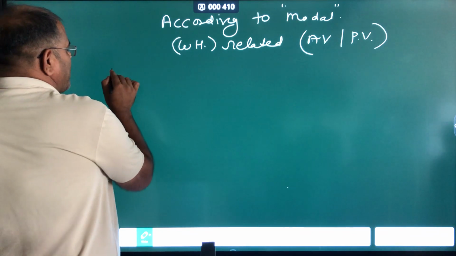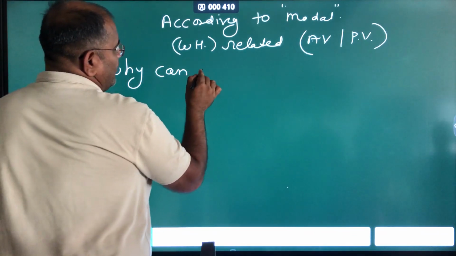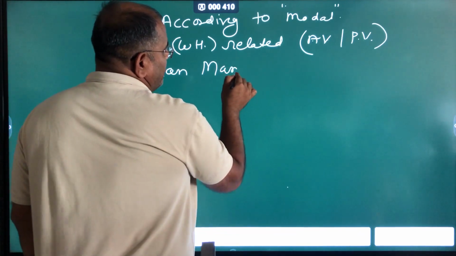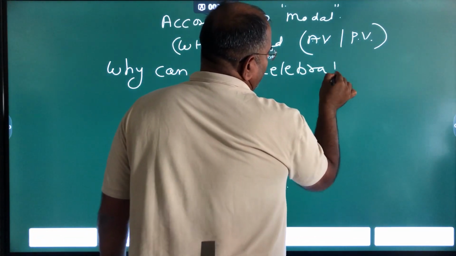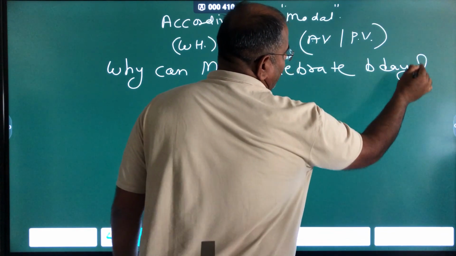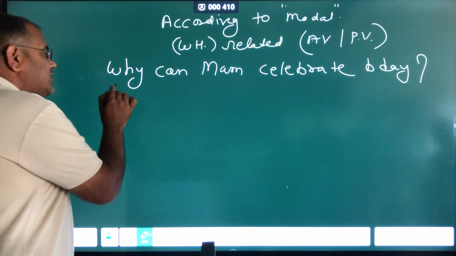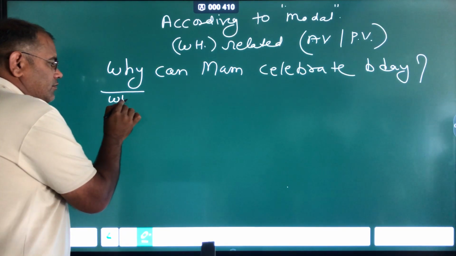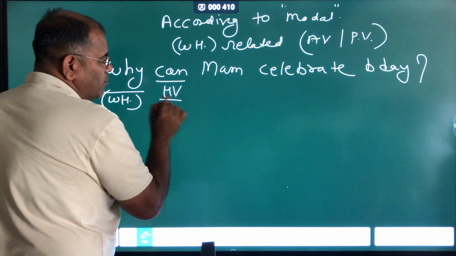For example, why can ma'am celebrate B day? And at the last I will use here the symbol of interrogation. Guys, this is the WH word. Okay, can is the helping verb according to model.